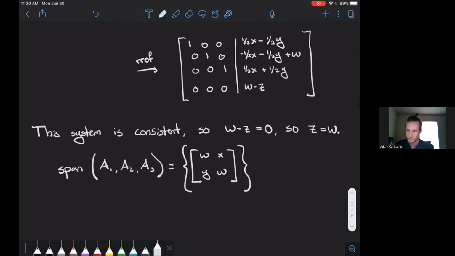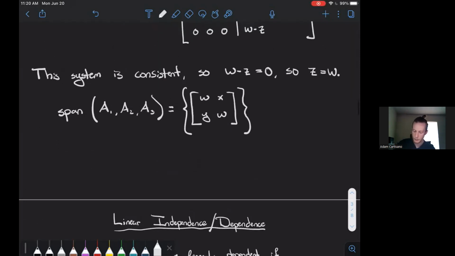For that reason, if we had known this and we were just asking the question, is B, which, if you remember, was 1, 4, 2, 1, a linear combination of A1, A2, and A3, we could have just looked at this matrix form and asked, does the top left and the bottom right entry match?